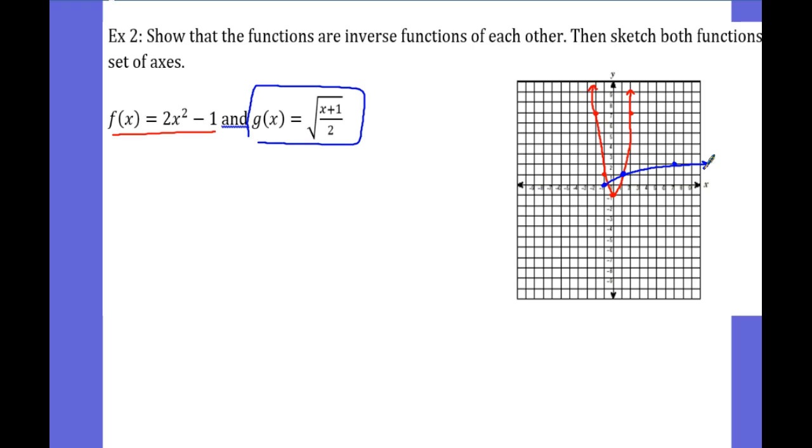Again, you could check that, plug in 7. 7 plus 1 is 8. 8 divided by 2 is 4. Square root of 4 is 2. So we have to restrict our red's domain so that f of x is x values greater than or equal to 0 only.